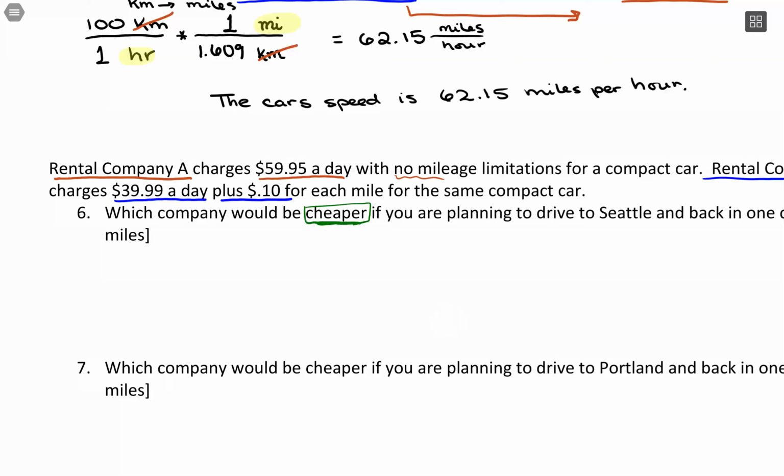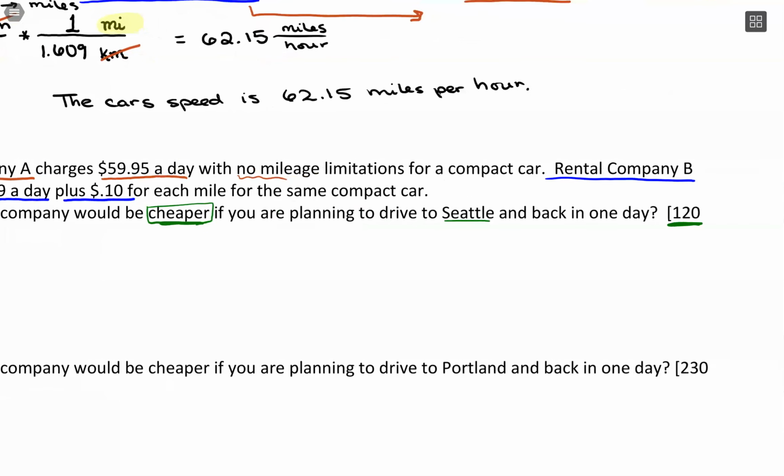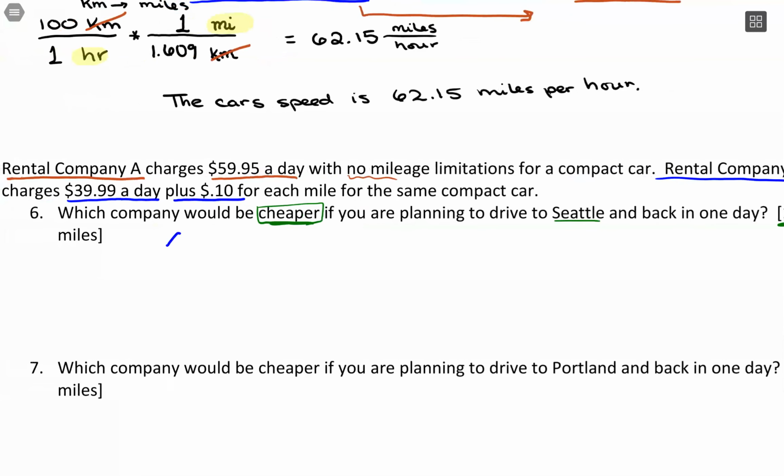So we want to do a cost comparison. If we drive to Seattle, they're giving us the number of miles: 120. So let's compare rental company A with rental company B and how they would calculate those charges. With rental company A, company A is just $59.95 a day.